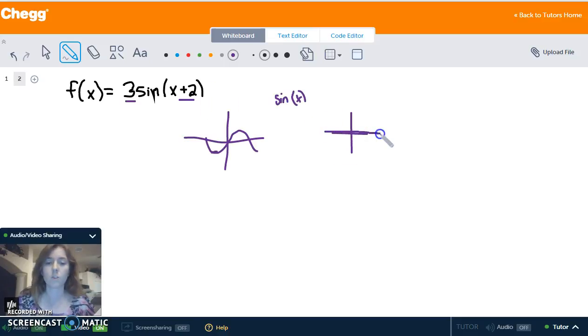So we're going to shift this graph to the left by 2. Sorry. Here we go. And then we're going to elongate it by 3. Oh, my bad.